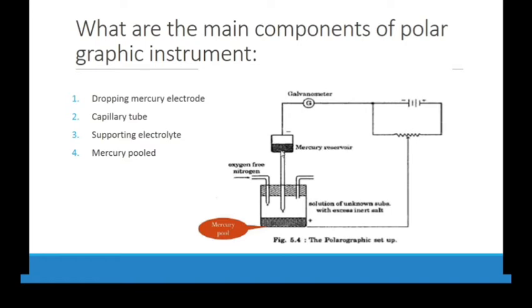After the drop comes from this reservoir, it grows in size, and after some time it dislodges from this tube into the solution, either manually or through a screw or some other technique. We will discuss this in detail in our next slide.